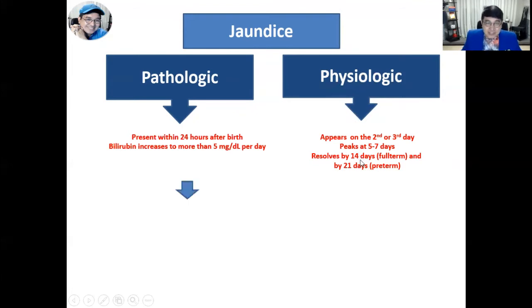So your priority nursing diagnosis for a child with pathologic jaundice would be risk for injury, because they could be at risk for CNS involvement like kernicterus, jaundice to the brain, or the child would usually have encephalopathy. Okay, so the child may have encephalopathy.